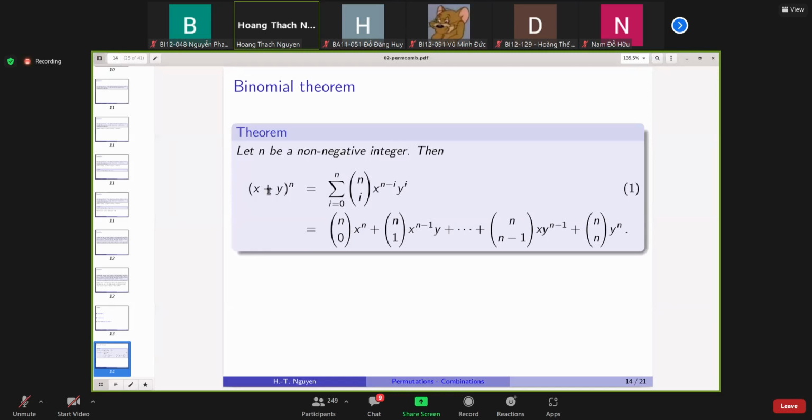Here, it says that the expansion, the development, of the expression (x + y)^n is given by this.